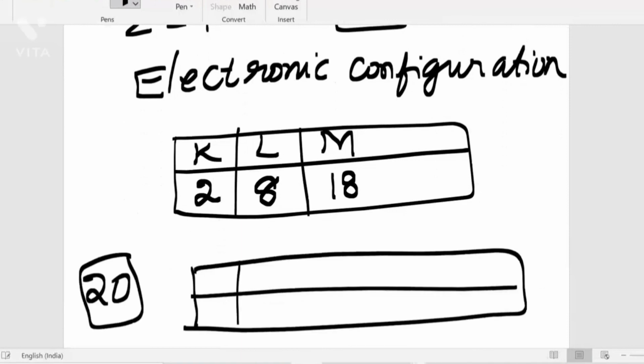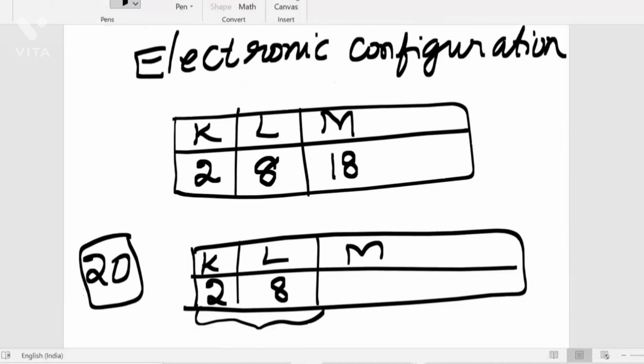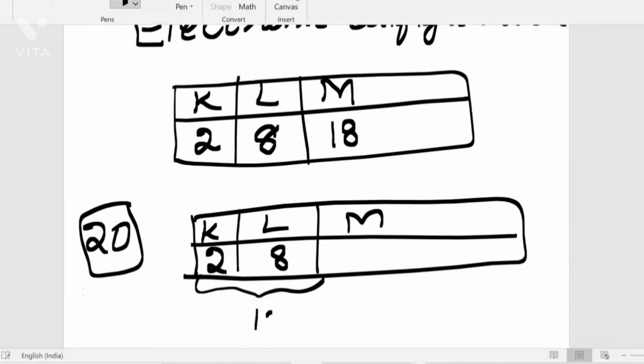Now, for calcium, how do you distribute? We have only 20, right? So, I will draw here K, L, M, 2, 8. So, 2 plus 8, 10. Total, it makes 10.